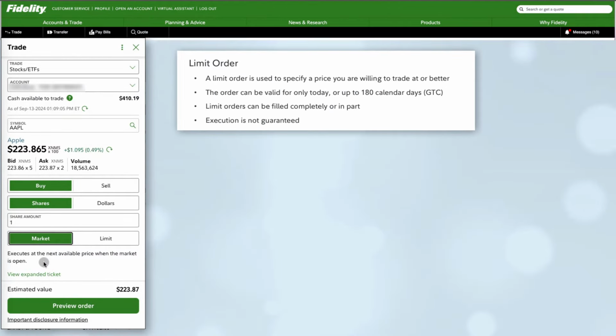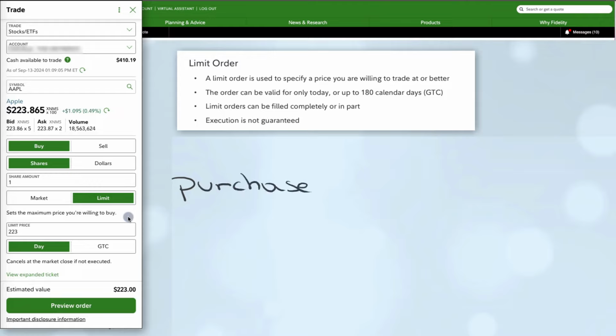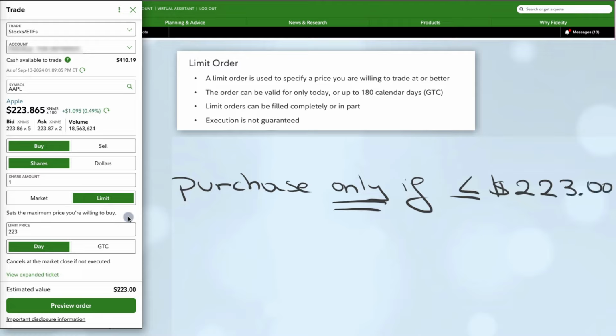On the other hand, I can choose a limit order and set the maximum price I'm willing to pay for the Apple stock. I will set it at $223.00. This guarantees that if the trade goes through, it will be at that price or less. However, it's not guaranteed to be filled at all if no one is selling at that price.